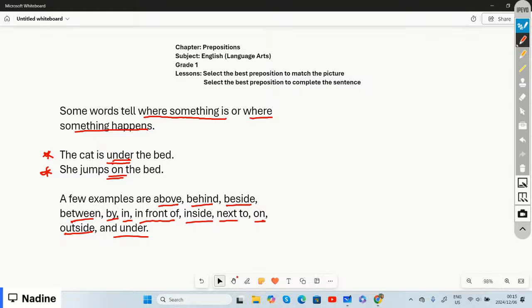We say the cat is under the bed, so under is a preposition. She jumps on the bed, so on is a preposition. It basically tells us either where something is or where it happens.